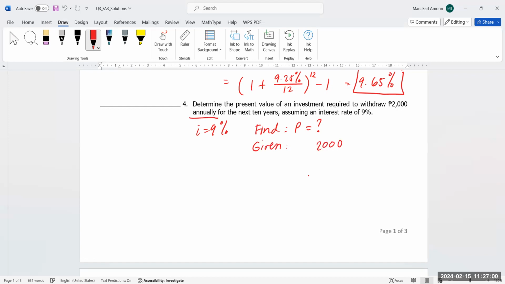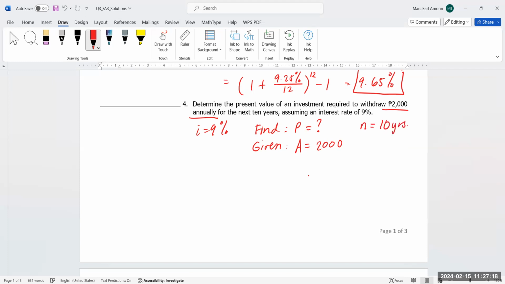However, meron kang phrase na 2,000 pesos annually. Therefore, this one is A. So A equals 2,000. Okay, and for the period, N is 10 years.